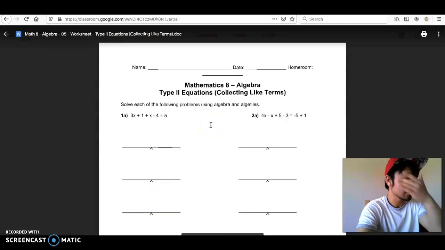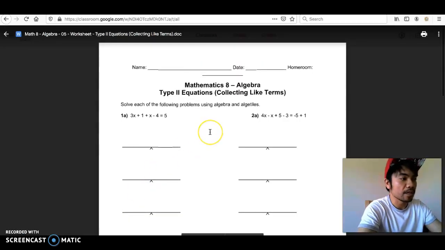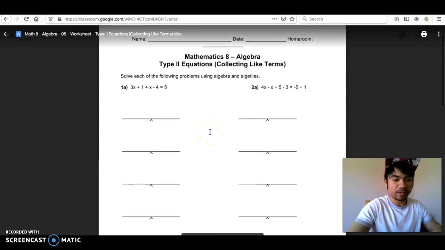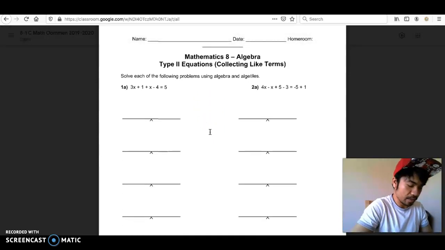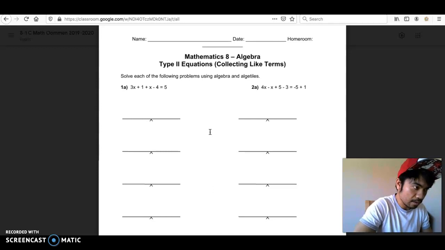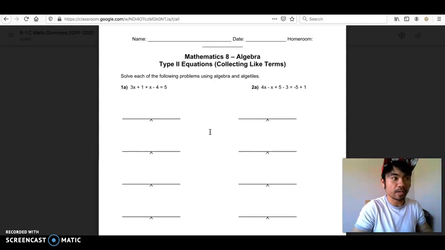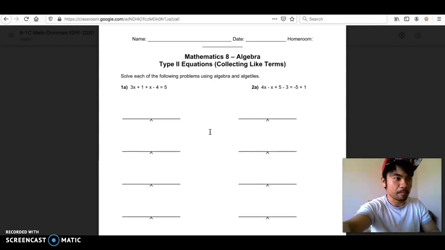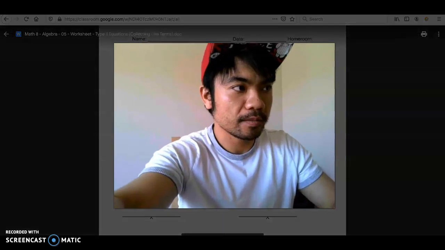Okay, so I'm just going to copy the first question. 3x plus 1 plus x minus 4 equals 5. I'm going to do that question, and if there's time, I might do the other one, but anyways, let's just do it right now. Just give me a second here.